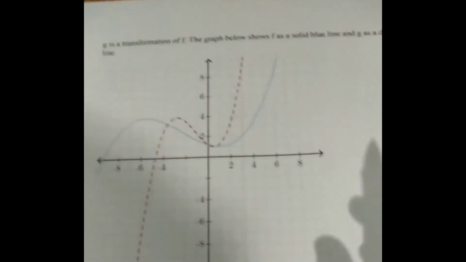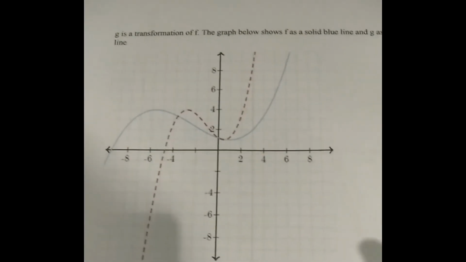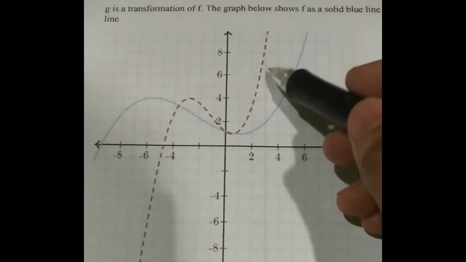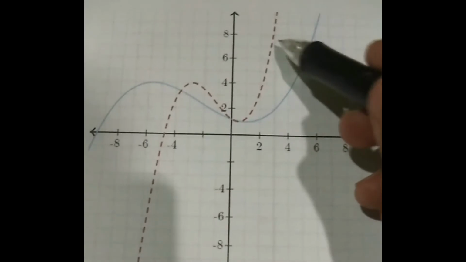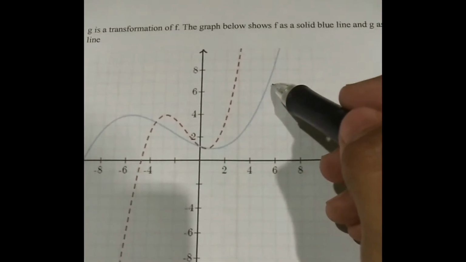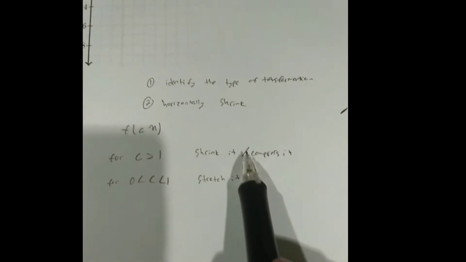This is the third question. Okay, like before, first we identify the transformation. As we can see, the blue line is the original and the dotted line is the transformed graph. As we can see, the graph horizontally shrinks.